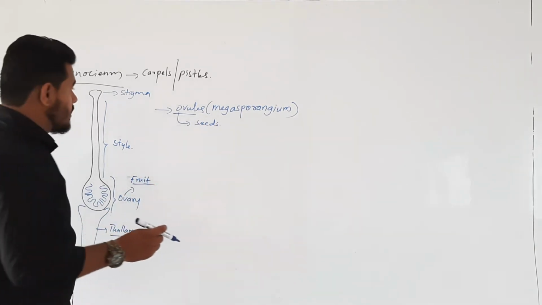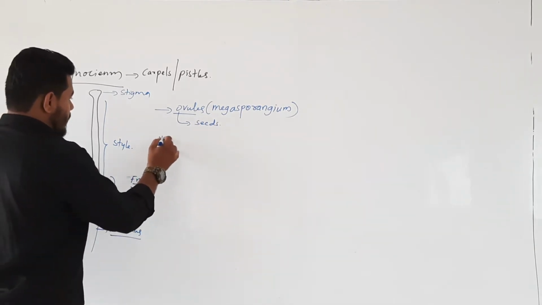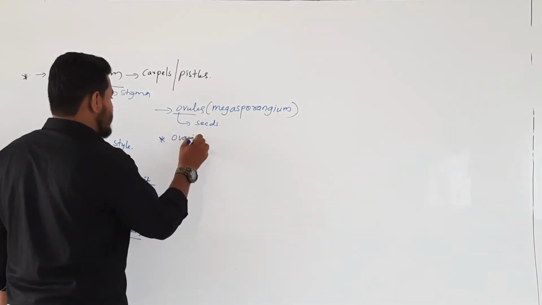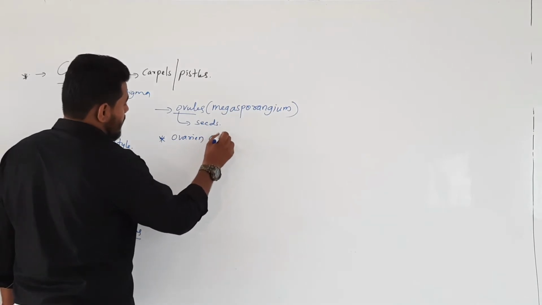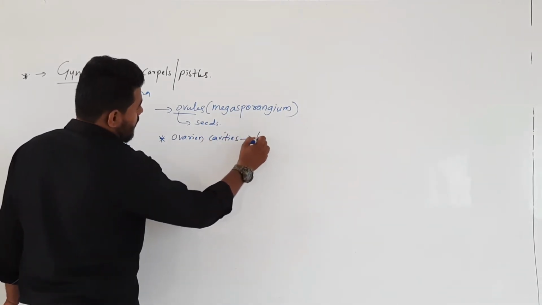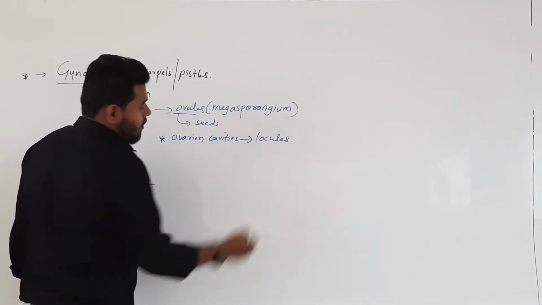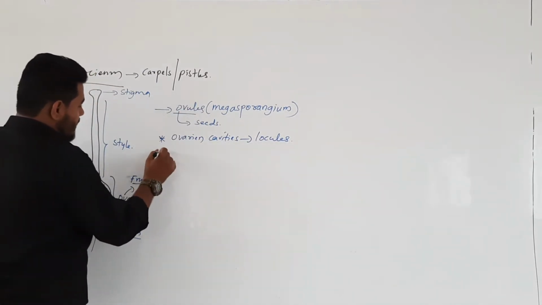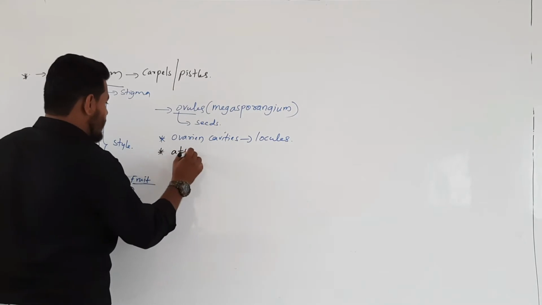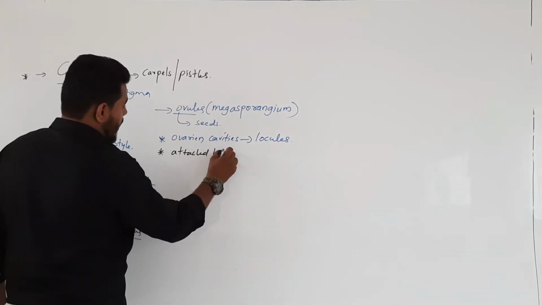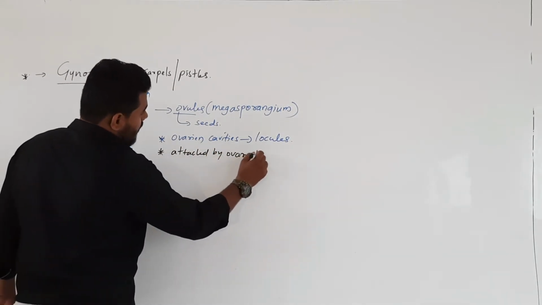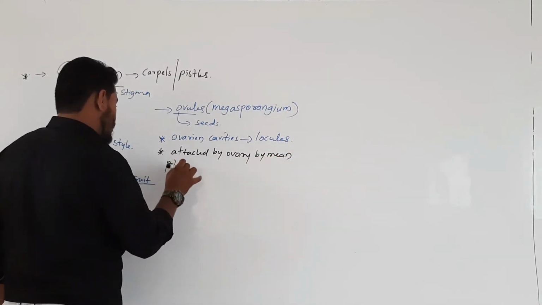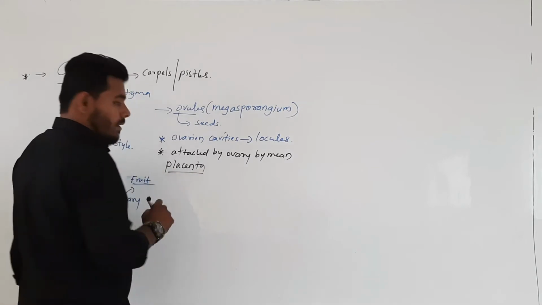Okay, so this ovule is present in ovarian cavities called locules, remember, and this ovule is attached to the ovary by means of placenta.